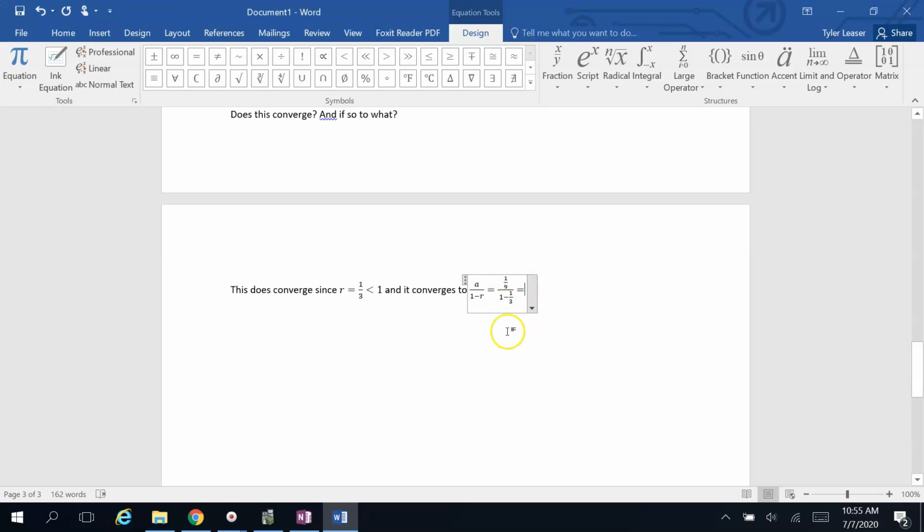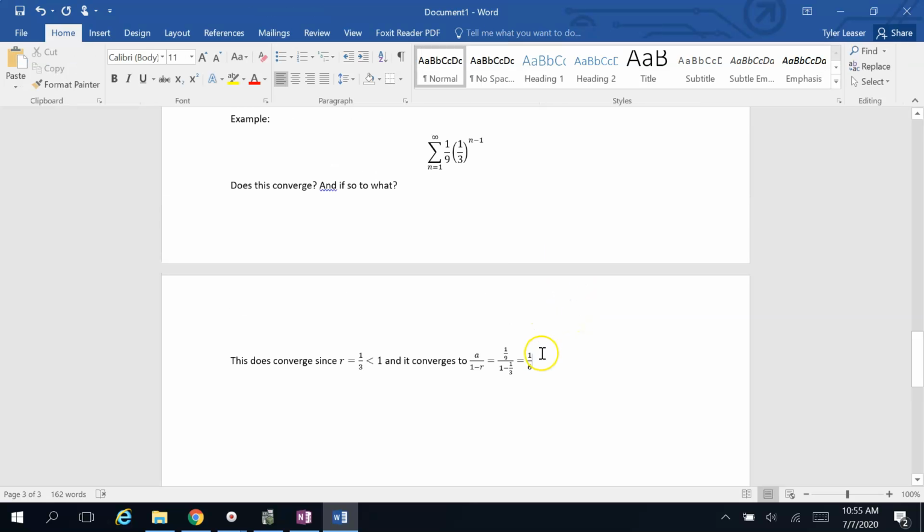That's going to be 1/9 divided by 2/3, which if you simplify it down, comes out to be 1/6. So all of the different terms added together, that total sum adds up to 1/6. That might be kind of hard to see from this, so let's at least get a few of the terms written down, so maybe you can visualize it.